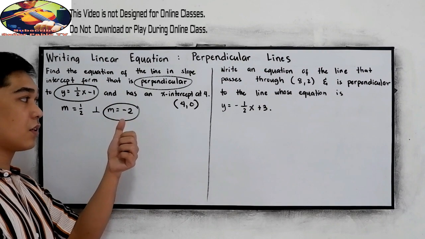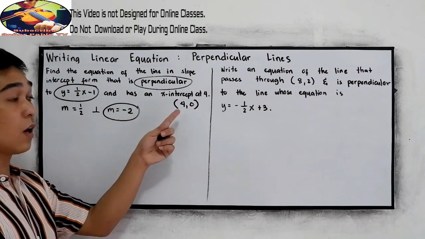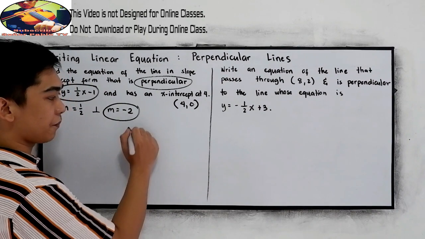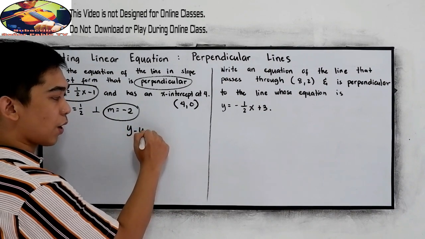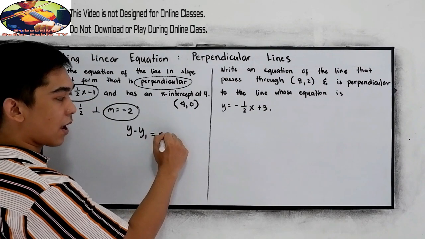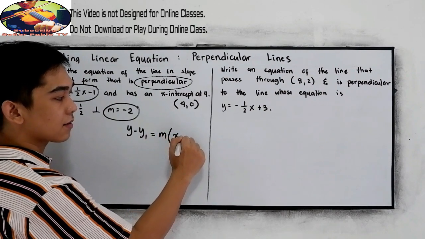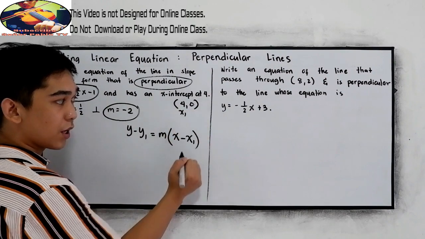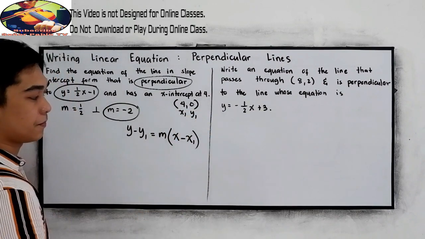Now we have a slope and a point. Let us now use the point slope form: y minus y sub 1 is equal to m times quantity x minus x sub 1. This is our x sub 1 and y sub 1.